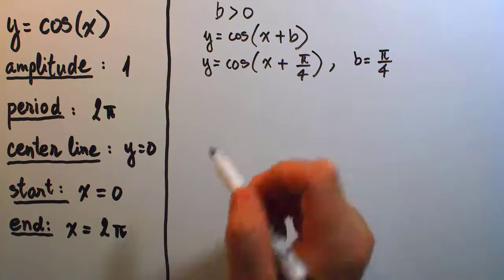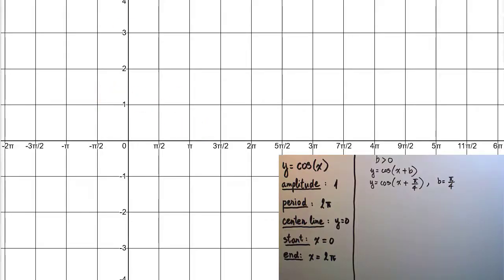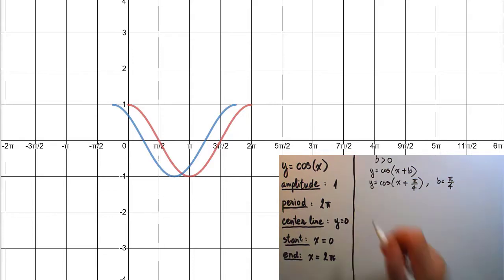Back on my Desmos graphing board, cosine of x is the standard original cosine of x. And now cosine of x plus pi over 4. Here it is, this graph in blue. Looking at the graph, you can see that the shape remains exactly the same.